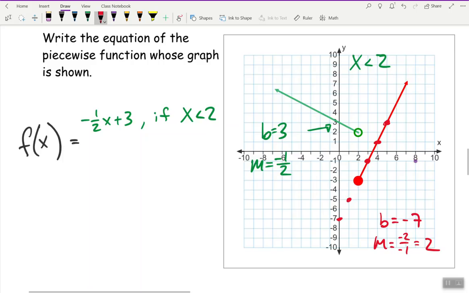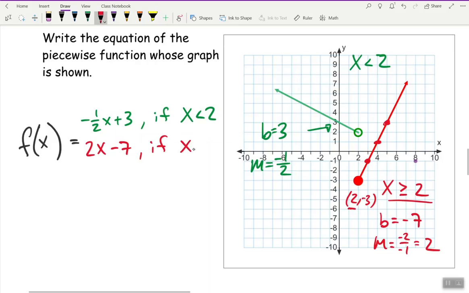So what's this equation? f of x equals 2x minus 7 for x values that are greater than or equal to 2. Because this is the point 2, negative 3, right? And we've got a closed circle. Our x value is 2 there.